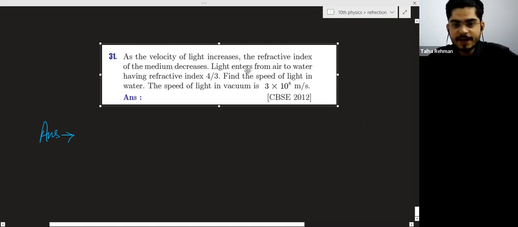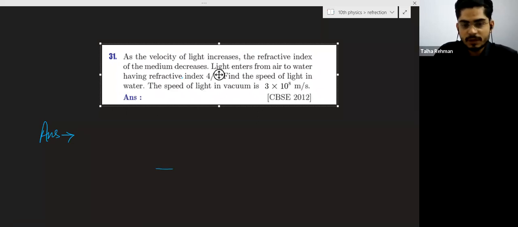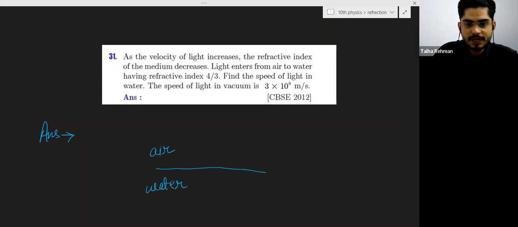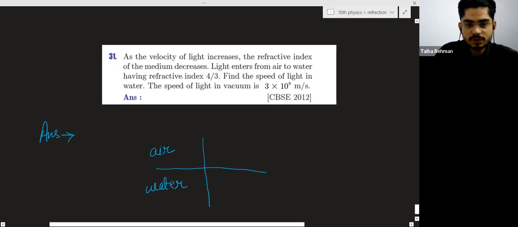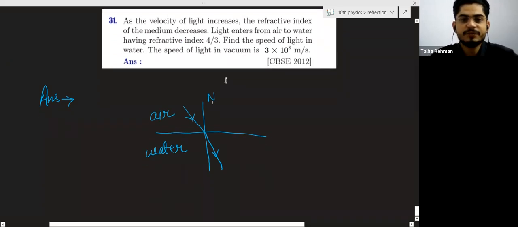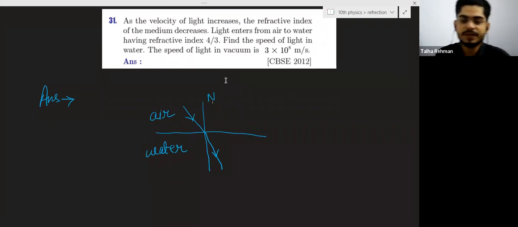And they are saying light enters from air to water, having the refractive index 4/3. Refractive index of water is 4/3 is given.